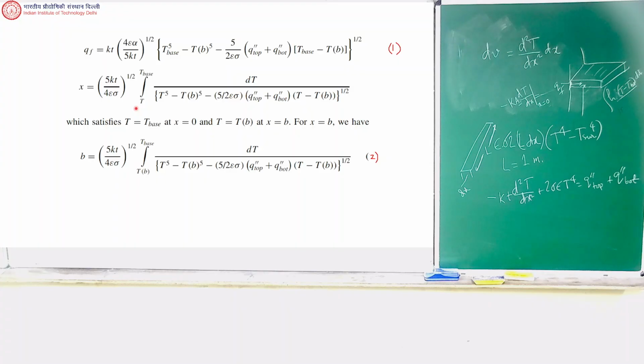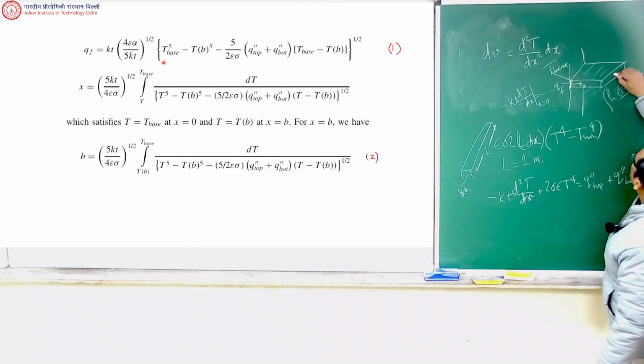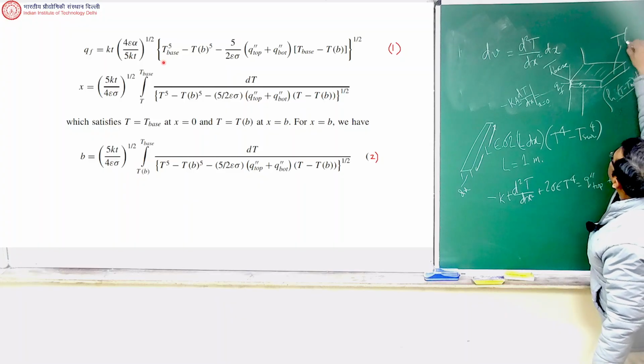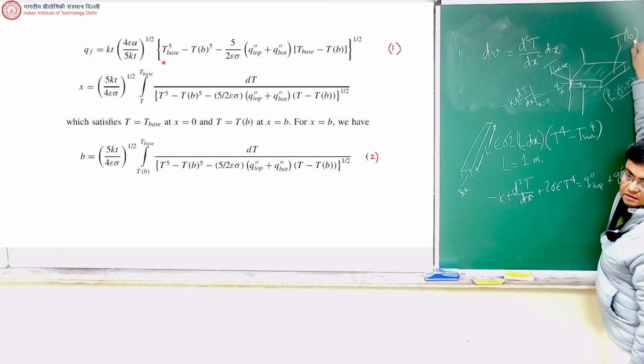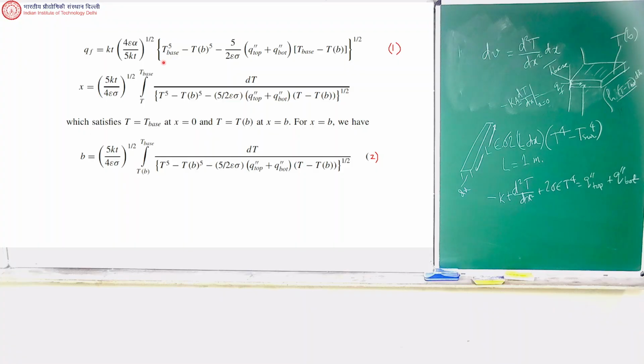Now, the notation is important because there is a T base. What is that temperature? T base is this temperature, and this one we are calling T at B. So be careful, because you shouldn't mix the two. You shouldn't think that TB is T base. It's not that.